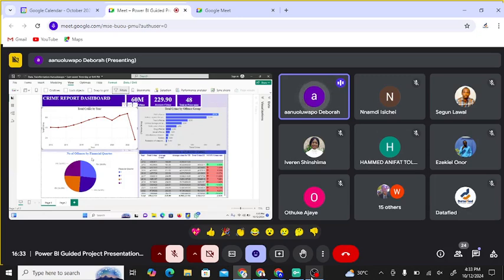Then I later went ahead to do the number of offenses by financial quarter, and I realized that the first quarter, which is April to June, according to the Data Dictionary, has the highest offenses, which is about 70K, that's 26.85%.